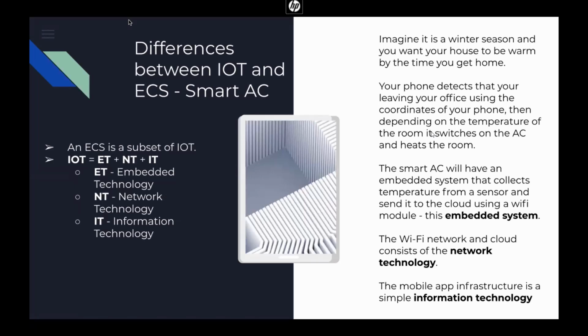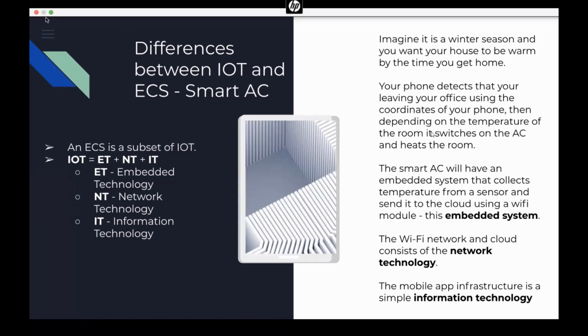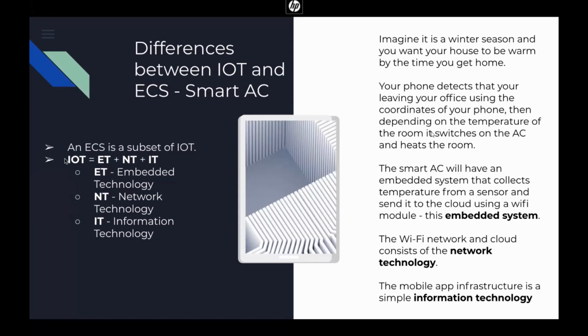Now, the network technology, that is the Wi-Fi maybe, or an RFID, or wireless sensor network, all those will form the networking technology, because we'll have to communicate with the internet, and to do that we'll need the network technologies.